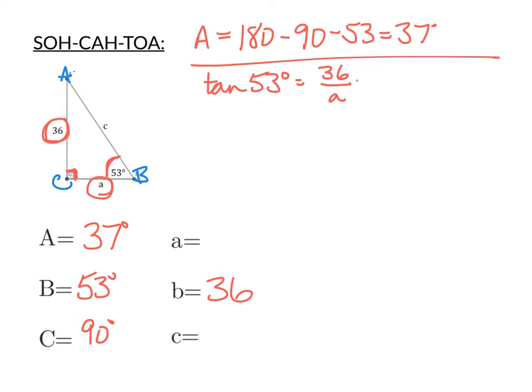Now we have an equation that we have to solve, so multiply both sides by A. And so we'll have A times the tangent of 53 is equal to 36. And divide by that tangent.